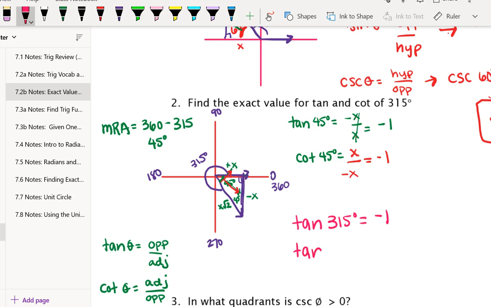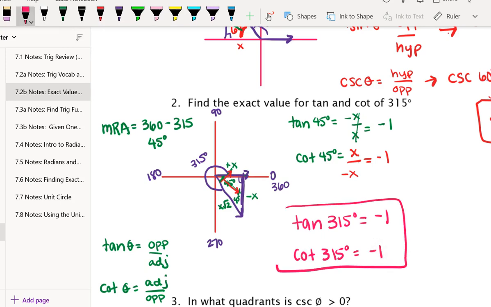And cotangent, my mistake, of 315 degrees is also negative 1. Okay, and that was the answer that we were looking for.